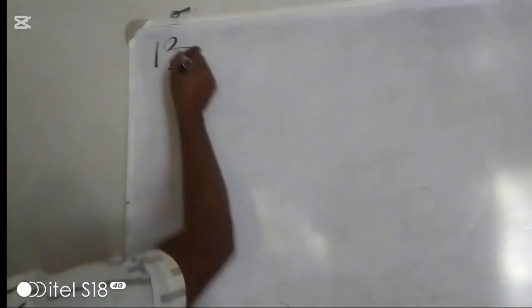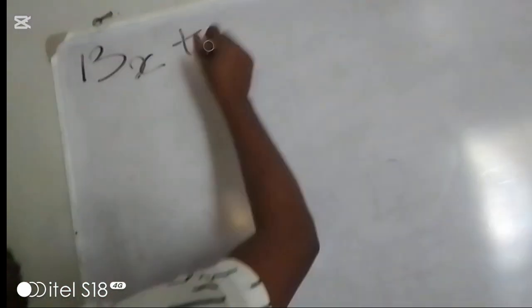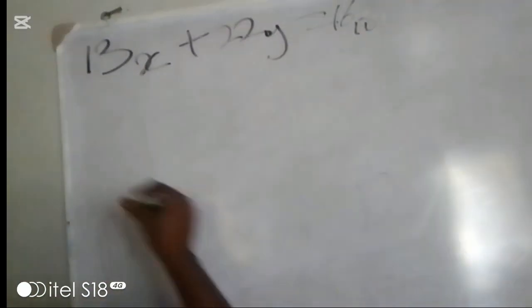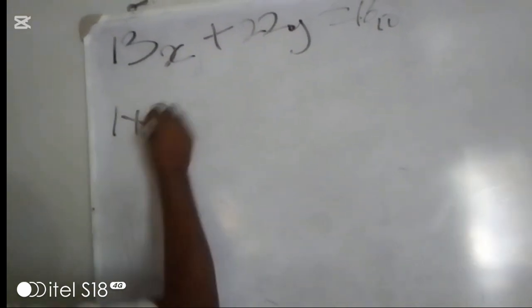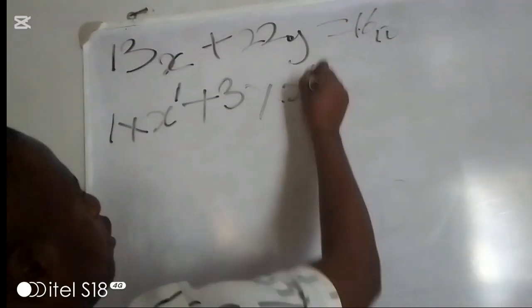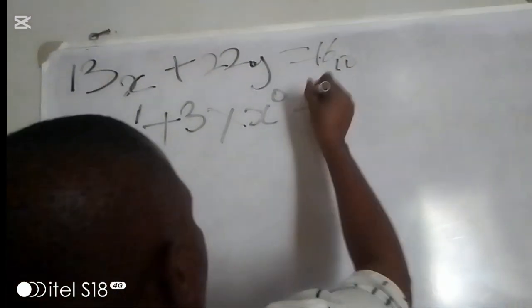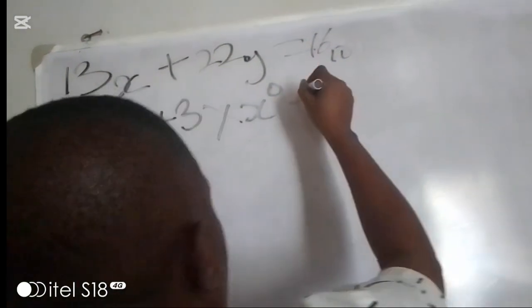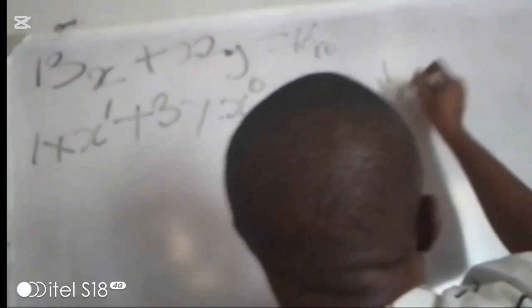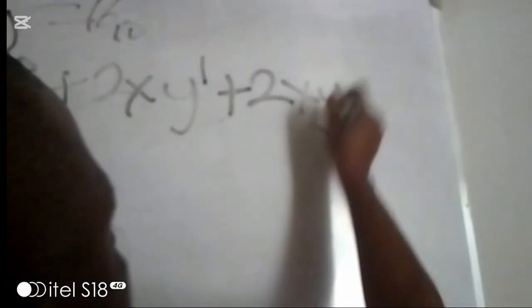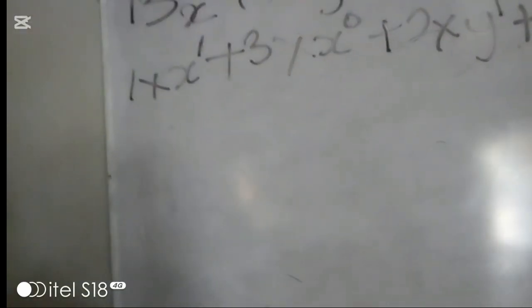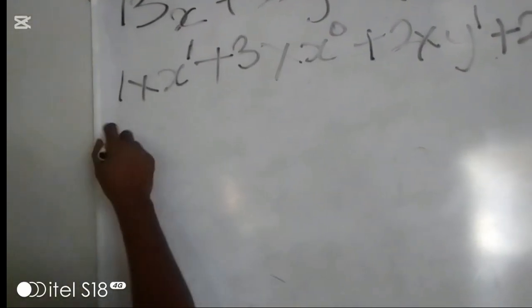This 13 base x plus 22 base y equal to 16 base 10 can be 1 times x raised to power 1 plus 3 times x raised to power 0 plus 2 times y raised to power 1 plus 2 times y raised to power 0 equal to 16. Then this is equation 1.